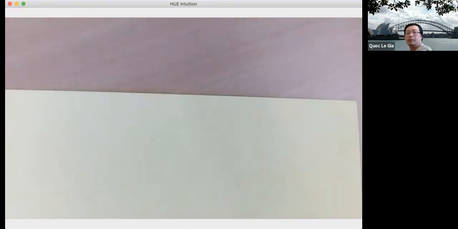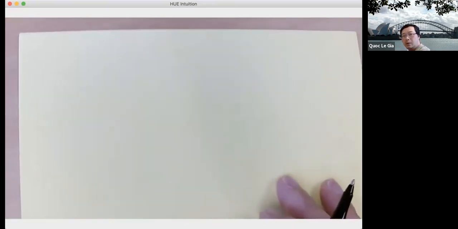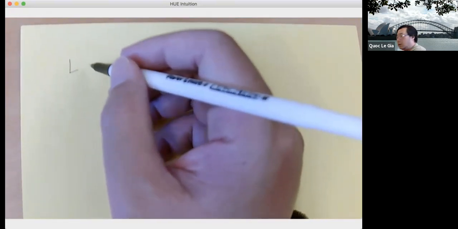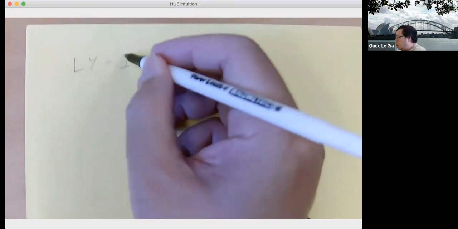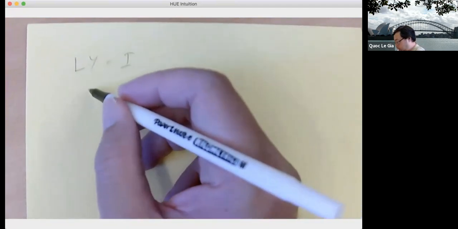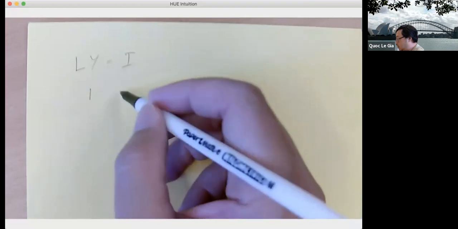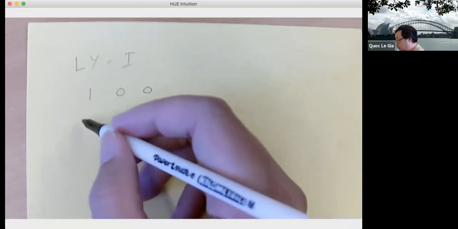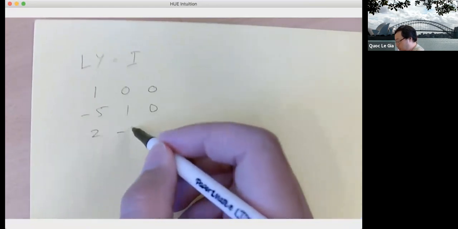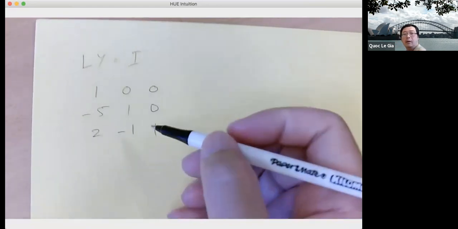LY equals identity is the same as, remember, the matrix L: 1, 0, 0, minus 5, 1, 0, 2, minus 1, 1.